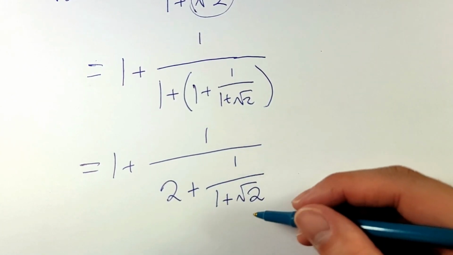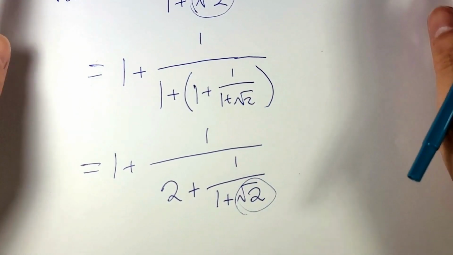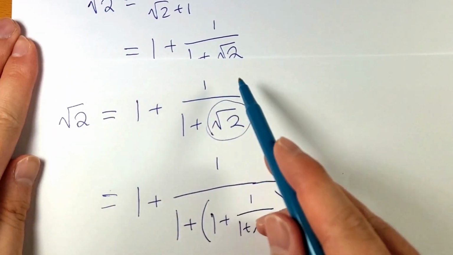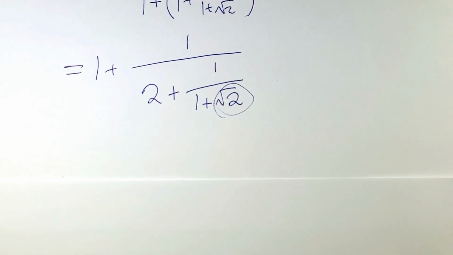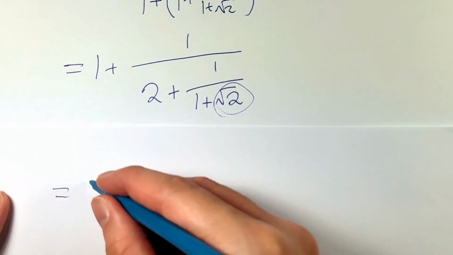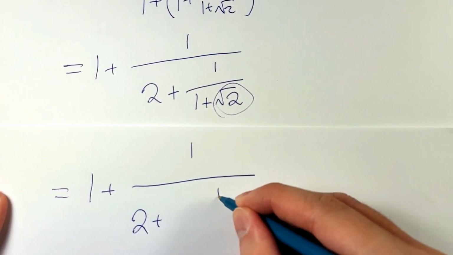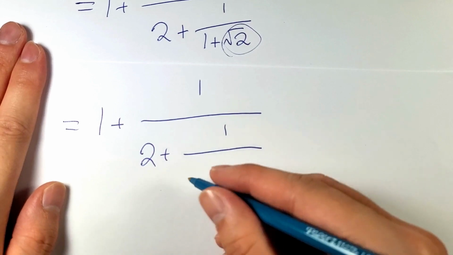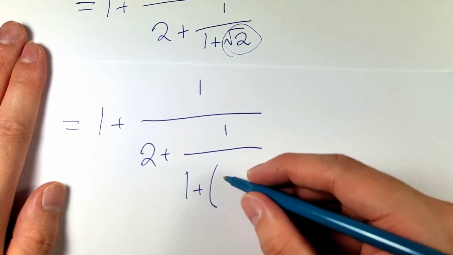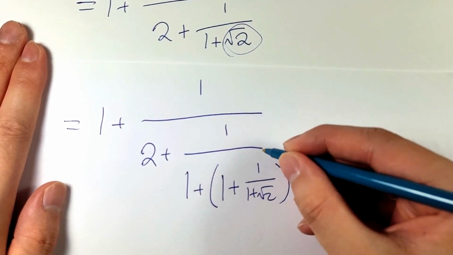Now I repeat this process again here. So I'm going to pay attention to this number here, and I'm going to use this equation again. So what I get here is 1 plus 1 over 2 plus 1 over 1 plus now the expression, 1 plus 1 over 1 plus root 2.